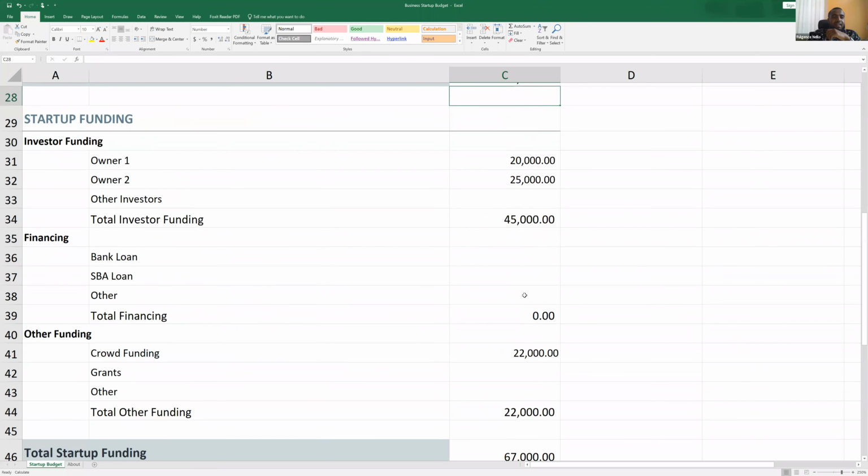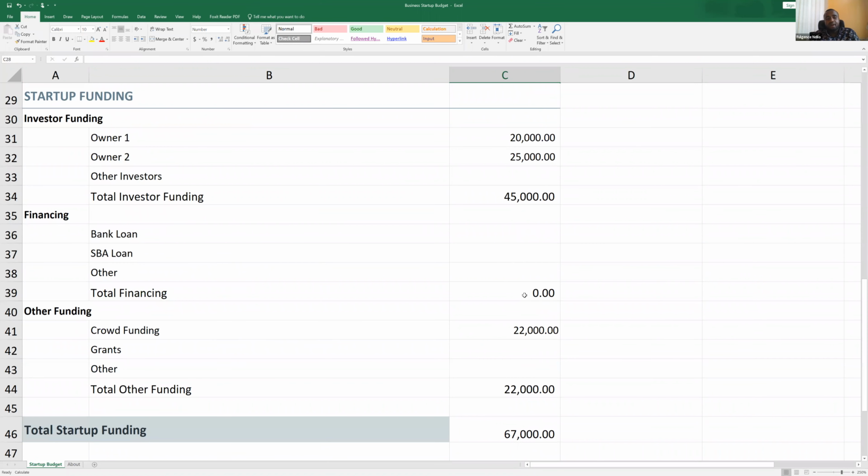For the startup funding, how are you going to fund? All right. So here you indicate how you're going to fund your business.